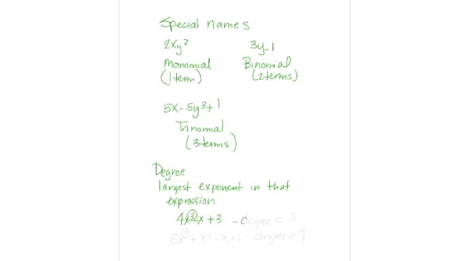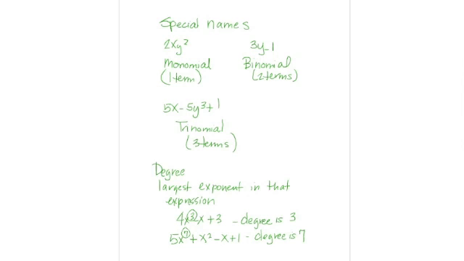So the degree of this polynomial is 3. In another expression, 5x to the 7th power plus x squared minus x plus 1, the largest exponent is 7. So the degree is 7. So you see, degrees are just basically taking the exponent, finding the largest one, and that's the degree of that polynomial.